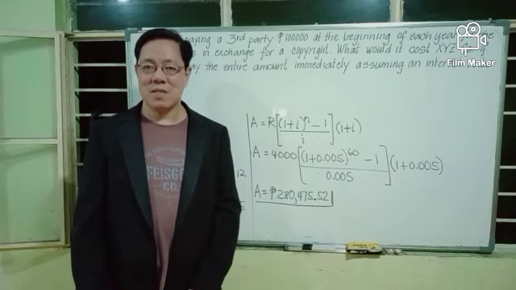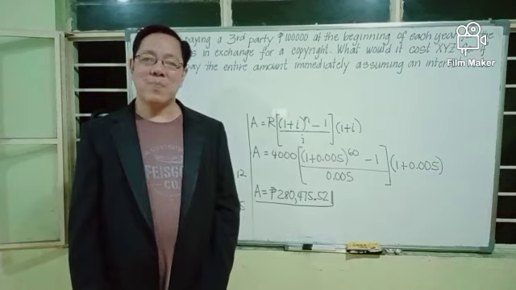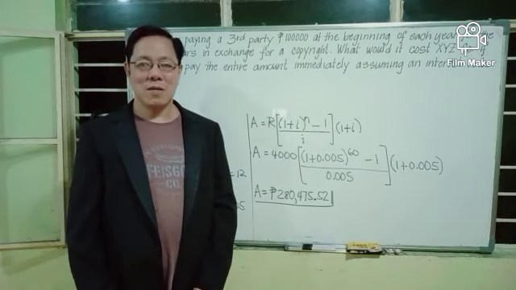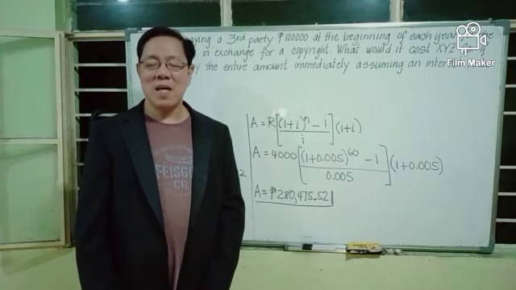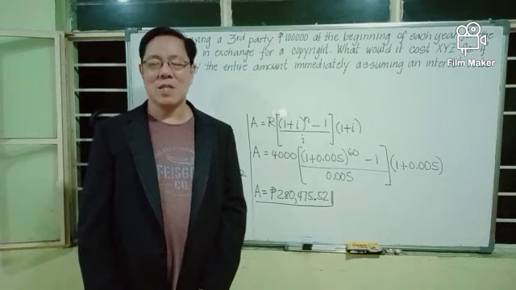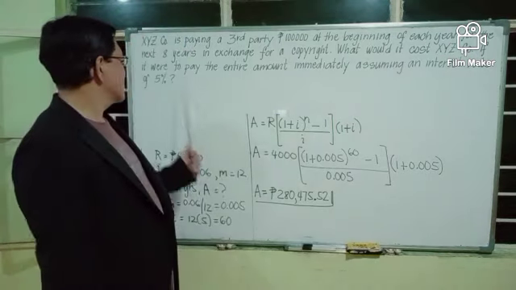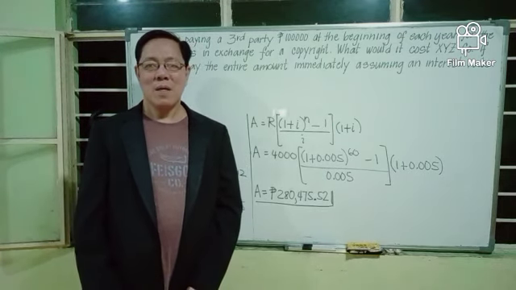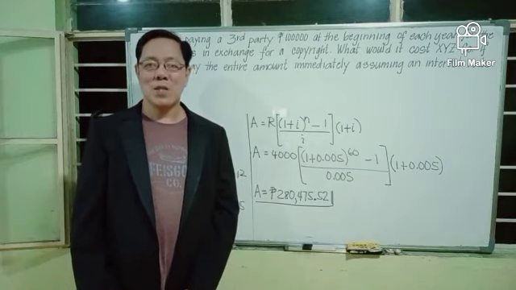That means at present time, now, today, instead of paying 100,000 pesos at the beginning of each year for 8 years, XYZ company is considering paying the entire amount now, but with interest of 5% compounded annually. So in this problem, we want the present value of this annuity due.